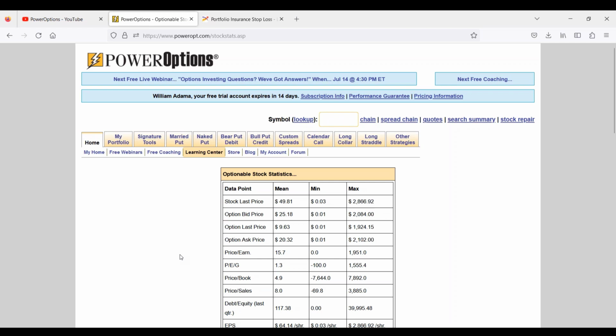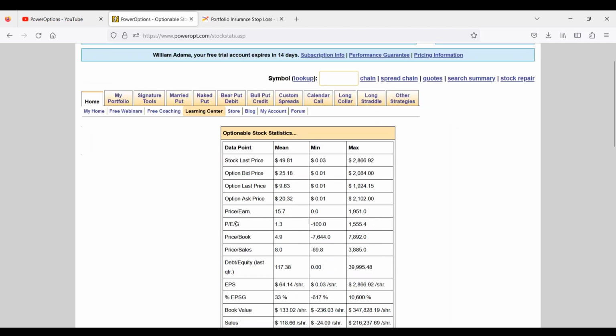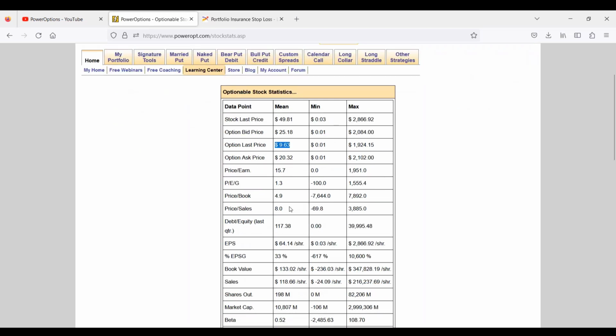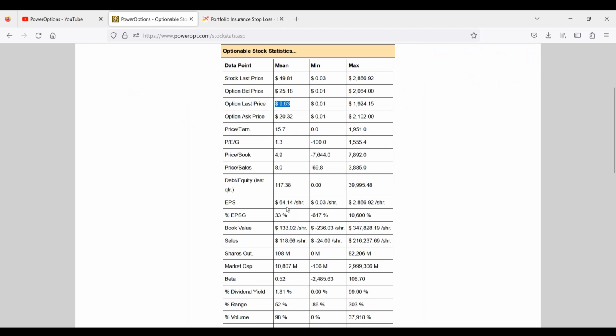So going across the entire universe of optionable stocks, we see the minimum, the maximum, and the mean or average of stock last price, option bid price, option last price, and so on and so forth. But where it gets more important is when you get down to some of these filters.